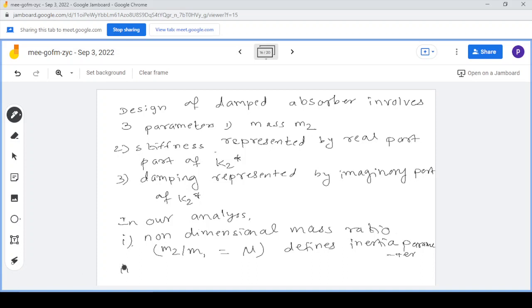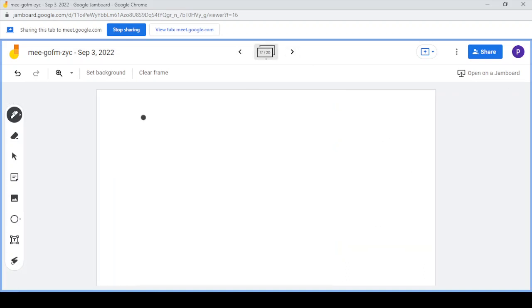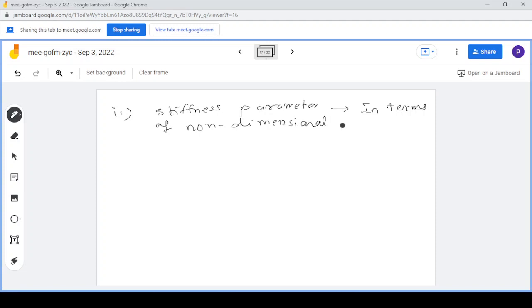Second, we define the stiffness parameter, which is described in terms of the non-dimensional tuning ratio nu. What is nu? This nu is equal to omega A by omega 0.